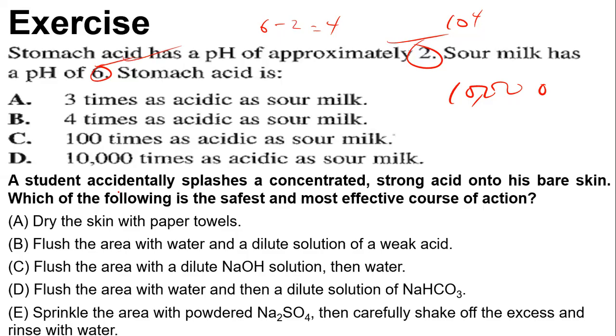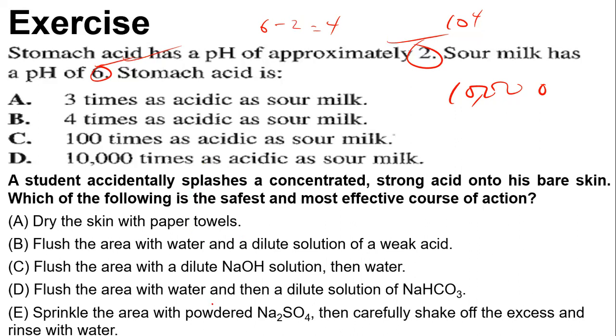Next one, flush the area with water and then a dilute solution of sodium bicarbonate. This one makes a little sense because you have to wash the place with water. Once you are washing the place with water, we dilute the content there. And then the bicarbonate ion here, sodium bicarbonate, is a weak base. So the weak base will not really cause a lot of harm to you, right? Very simple.